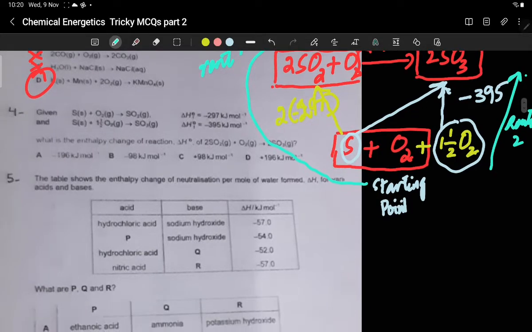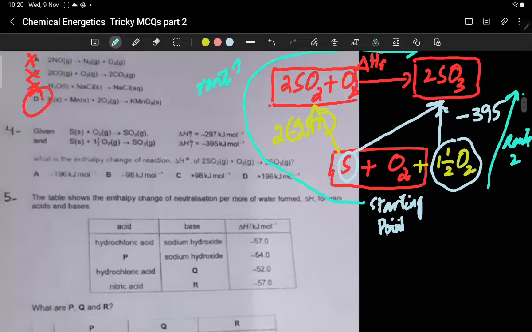So we know that 2 into minus 297 plus delta HR is equal to minus 395.